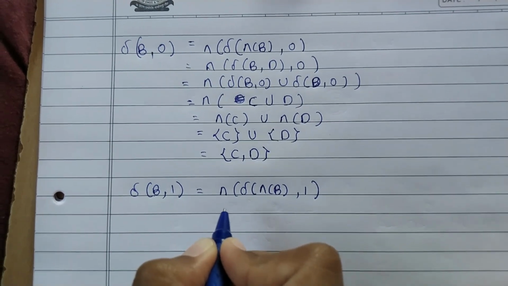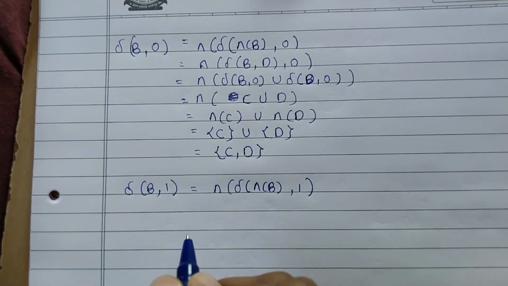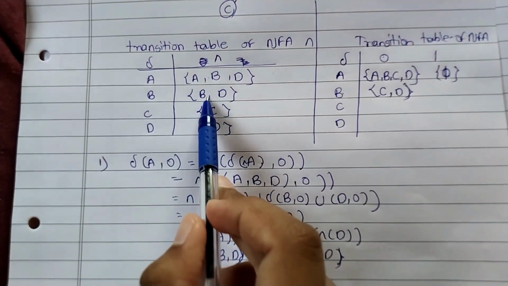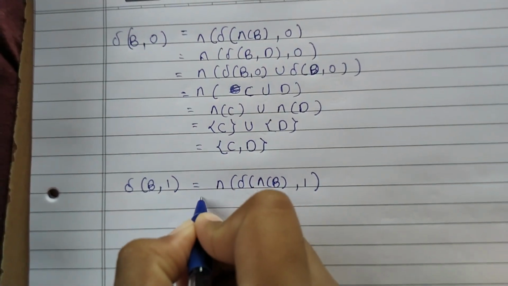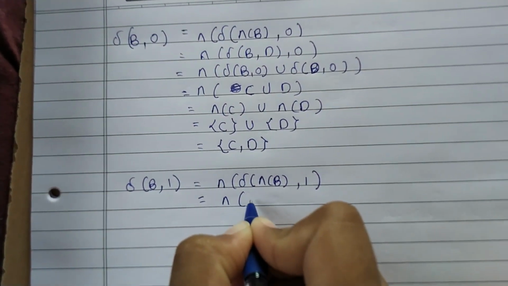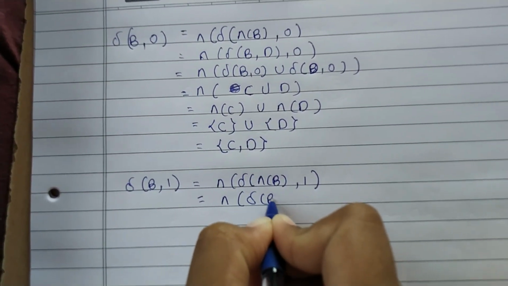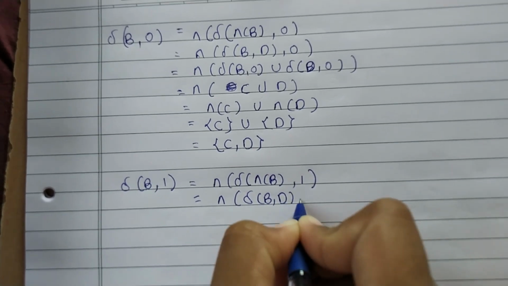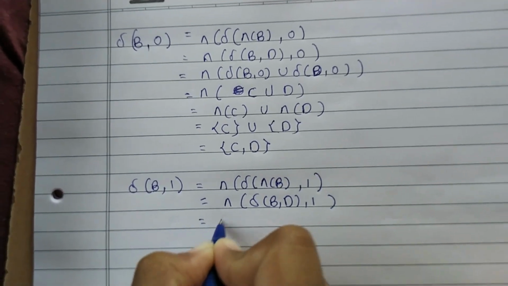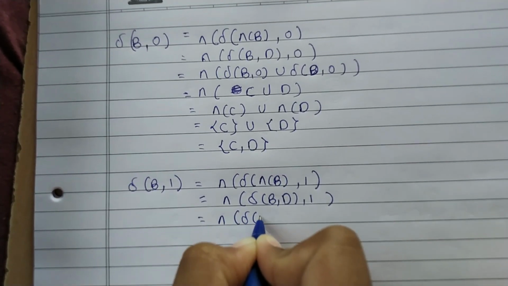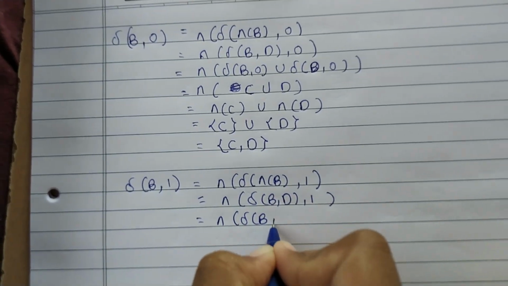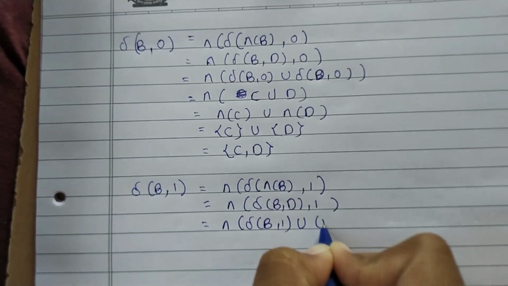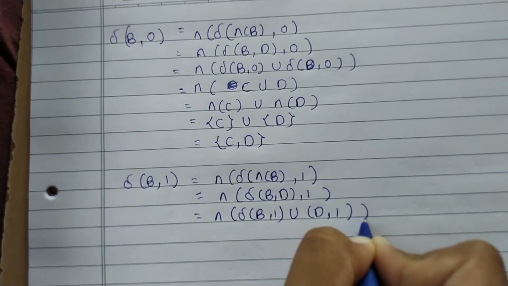So the null of B is B and D. So this is null of delta of B, D comma 1, which is again delta of B comma 1 union D comma 1.